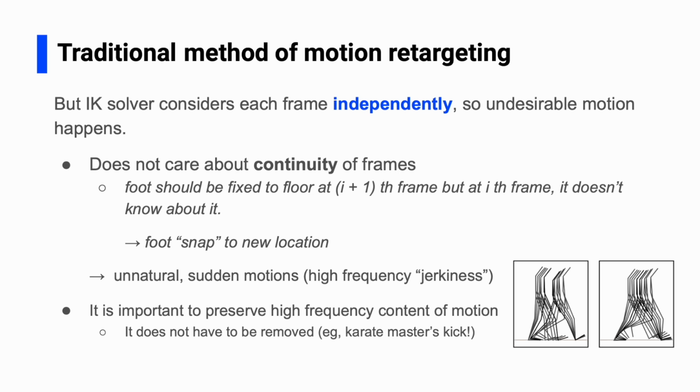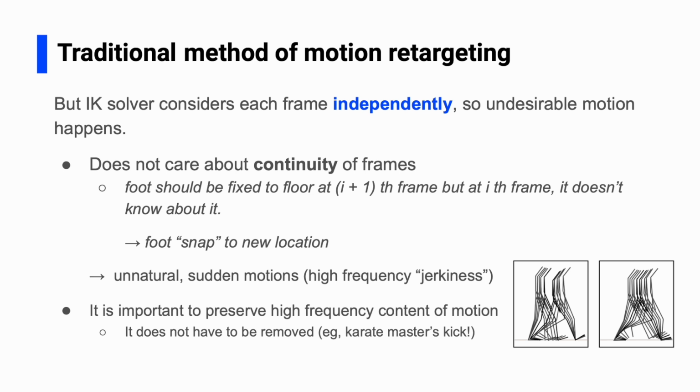So the foot seems to snap to a new location, which means very hasty and fast motion. This seems very unnatural and sudden, which we call high frequency jerkiness. As you can see in the picture, we want to animate a walking character, but the frames are not connected smoothly and seem very sudden.